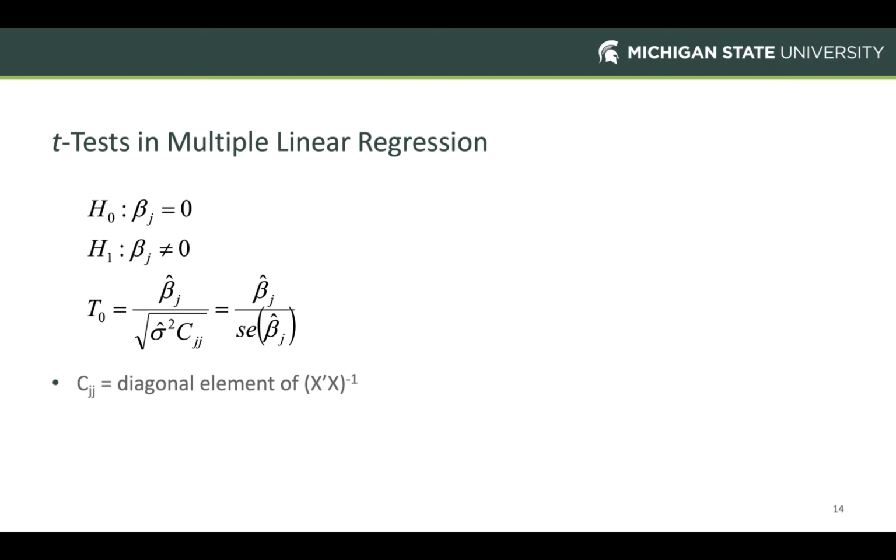And so we won't delve in great detail into the calculation of this, but this is essentially what the software program will be doing in aiming to estimate this. And so the mean squared error is going to be the same regardless of what parameter we're estimating. And depending if we're looking at variable beta naught or beta 1 or beta 2, whatever the case may be, we would go to the corresponding diagonal element of that matrix to calculate the standard error, okay?